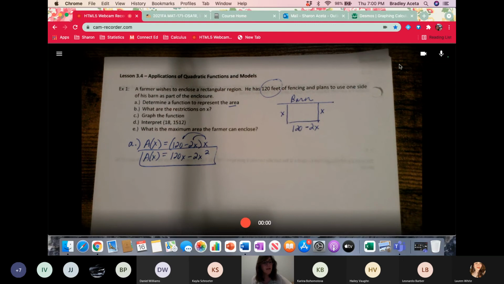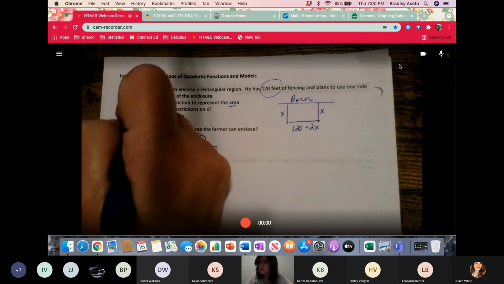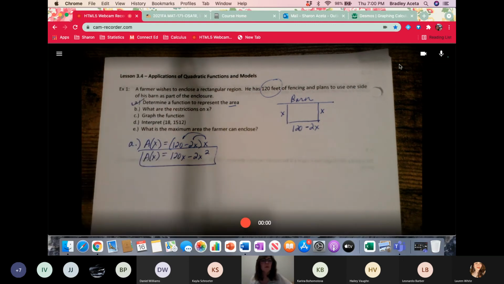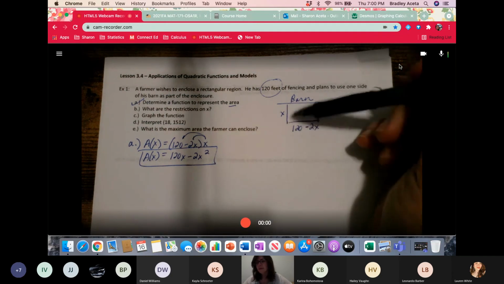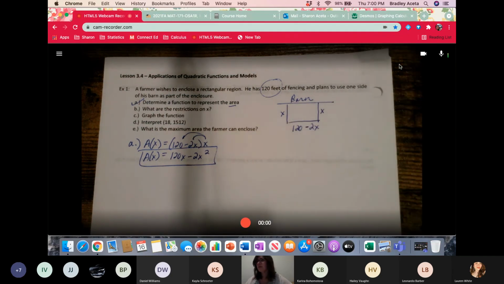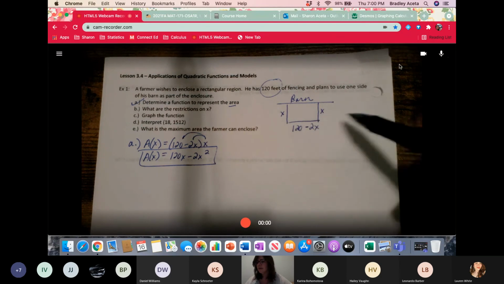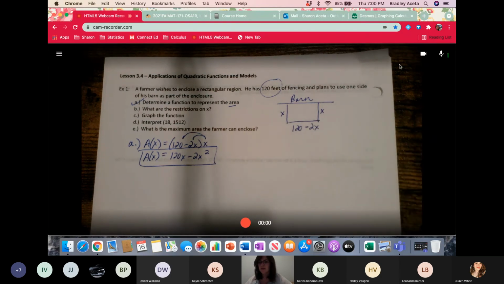Okay? Now, second question. So we just did part A. What are the restrictions on x? So here's how you develop restrictions, kind of what we just did before. You don't want to have this side being a measurement of 0 feet. That makes no sense then. You can't create a fence, okay?